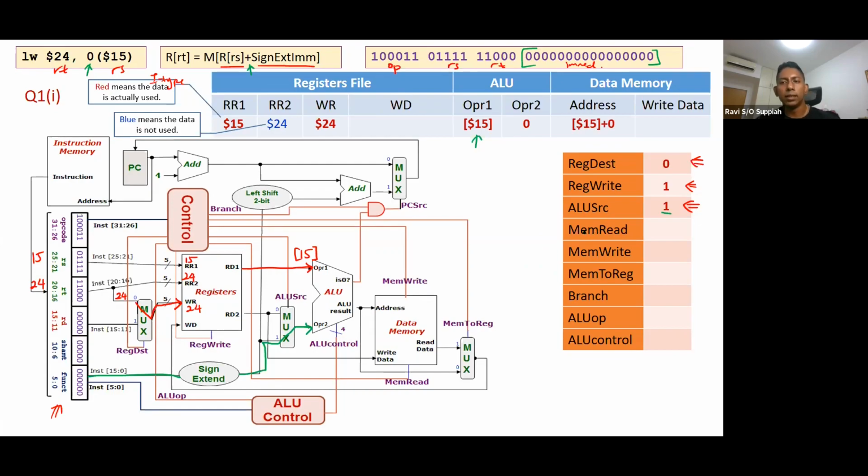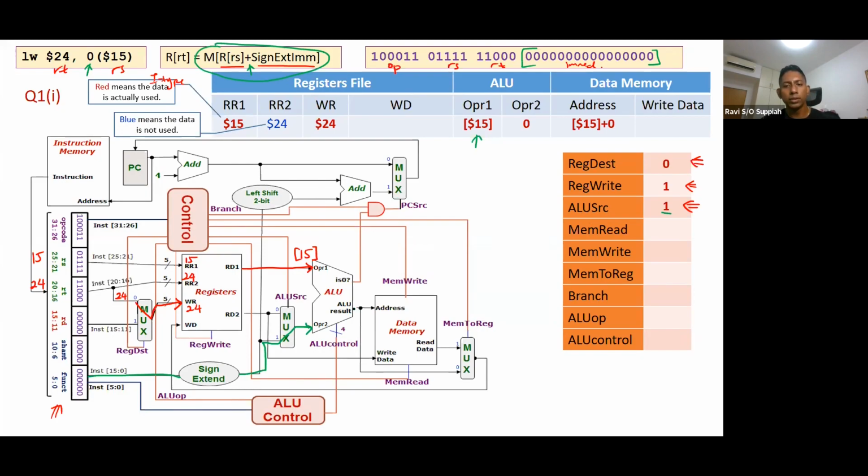So what is the actual address that we're going to be accessing? The actual address is given by this, which is your addition of the content of your register RS plus the sign extended immediate. This addition is the one that the ALU carries out.